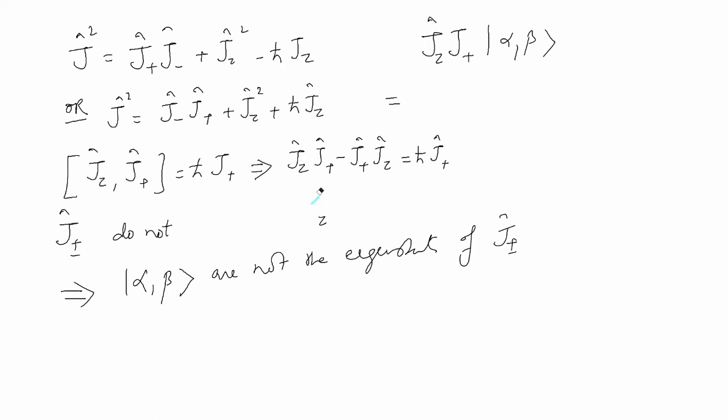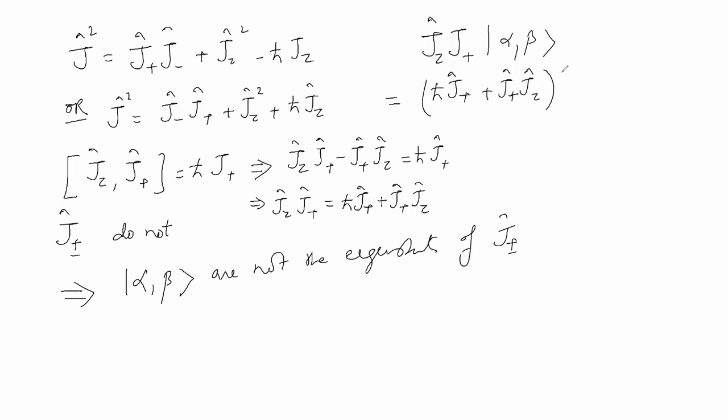Then I can write Jz J plus is equal to ħ J plus plus J plus Jz. The same I am going to use here, ħ J plus plus J plus Jz operating on alpha beta.